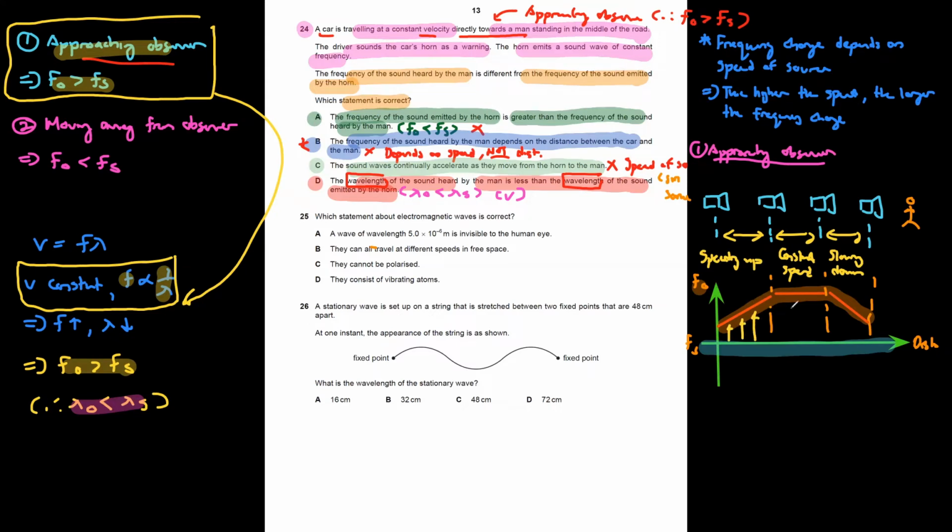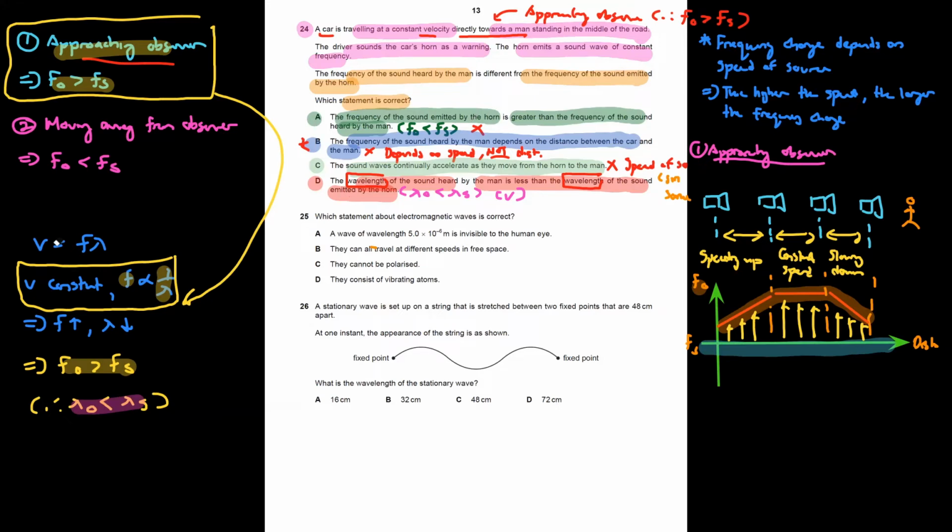For the case where I'm at constant speed, the frequency increase is just constant. And for the case where I'm slowing down, the frequency increase is actually getting smaller. But regardless of which case it is, because I'm still approaching the observer, my frequency observed will still be larger than my source frequency itself. So that's for this particular case.